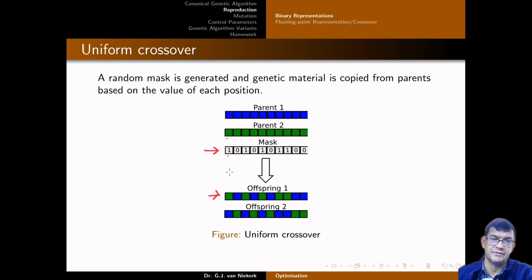So the first bit location in offspring 1 is a green from parent 2, and then the next one is a 0, so that comes from the blue parent, the second position in blue. And in that way you copy the material in the parent over into the child. And of course you do the same for offspring 2, but now you flip the bits.